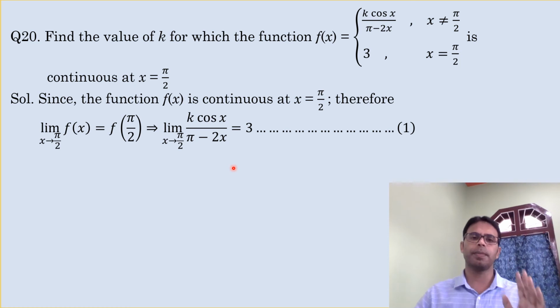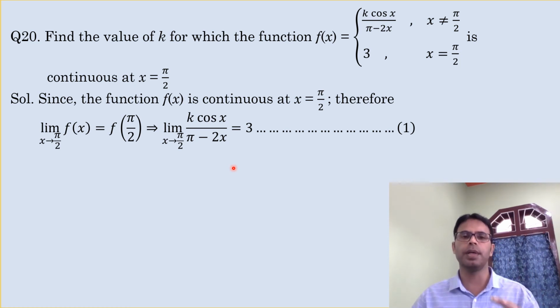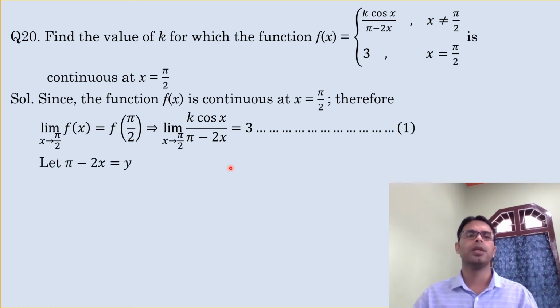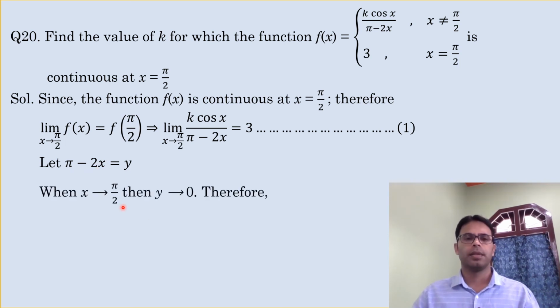So pi minus 2x is equal to y. Then when x is tending to pi/2, y will be equal to 0. If you use x = pi/2, the 2 cancels, so pi minus pi is equal to 0. So x tending to pi/2 means y tending to 0.